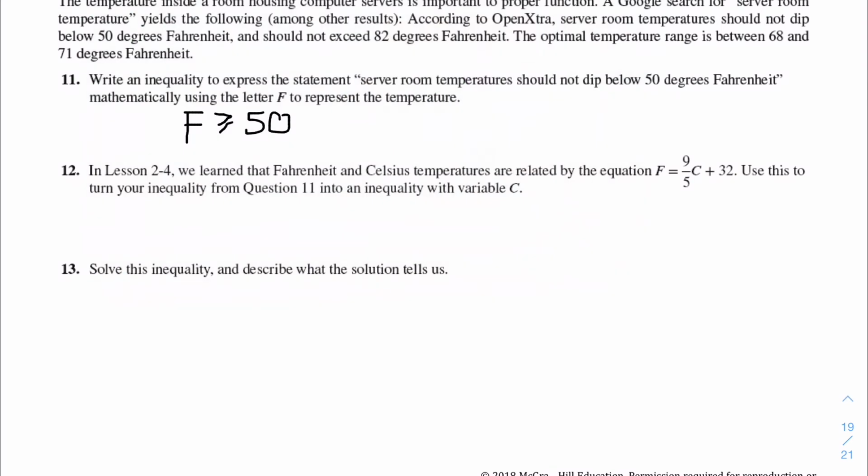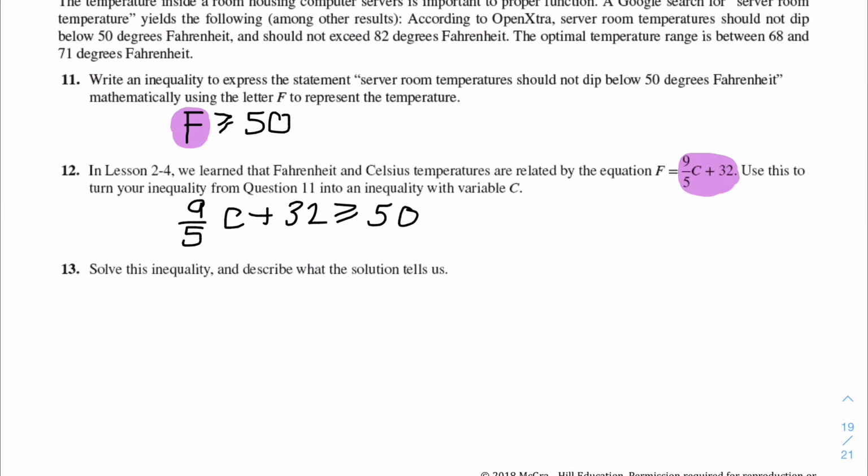So Fahrenheit, you can write as 9/5 times degrees Celsius plus 32. So instead of this Fahrenheit, I'm going to replace it by the expression that involves Celsius. So this is the same as saying 9/5 times the degrees Celsius plus 32 has to be at least 50.